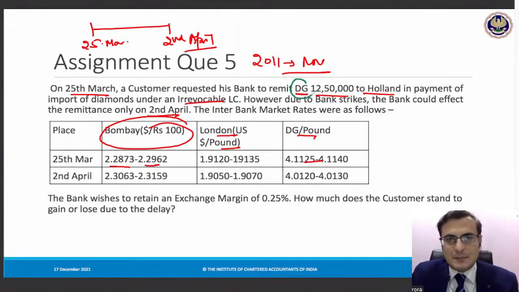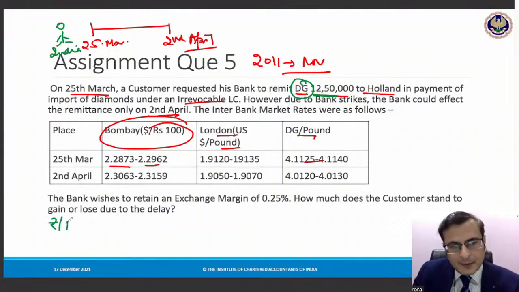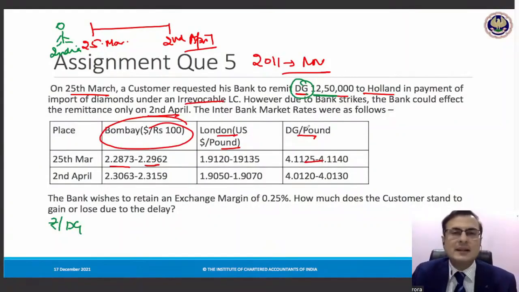What is the base currency? The whole calculation is happening in DG, and I am in India. If I do rupee per DG, then my life becomes easier because I will have to just directly multiply them rather than dividing.